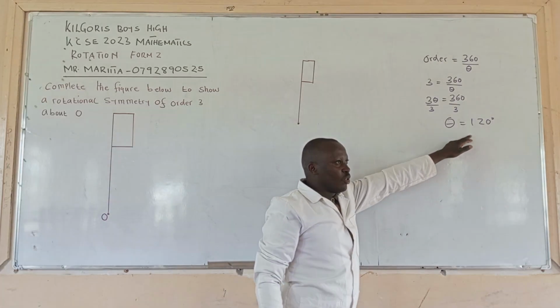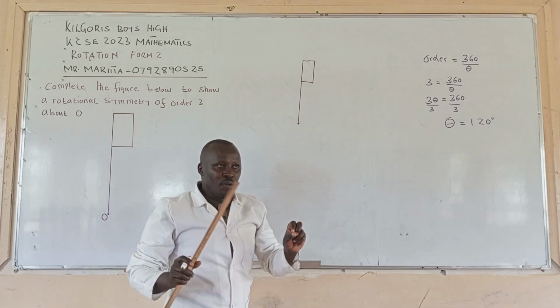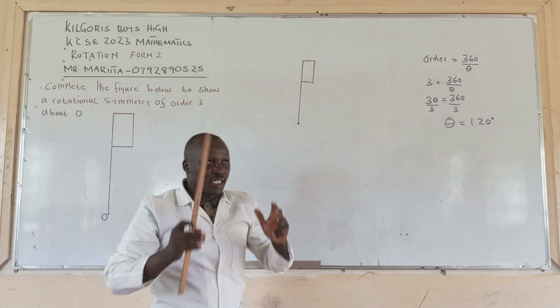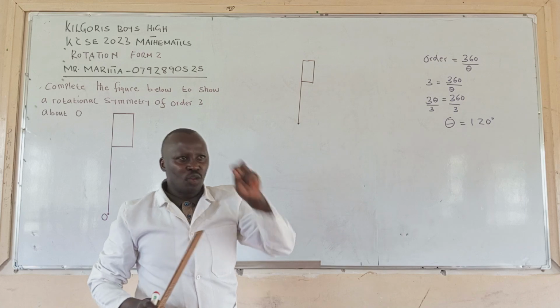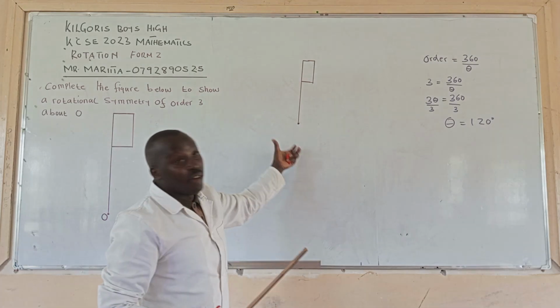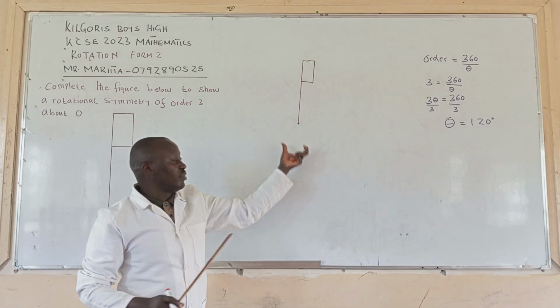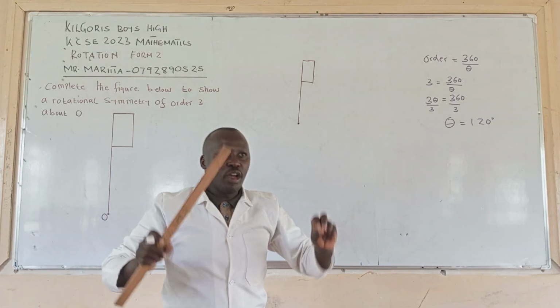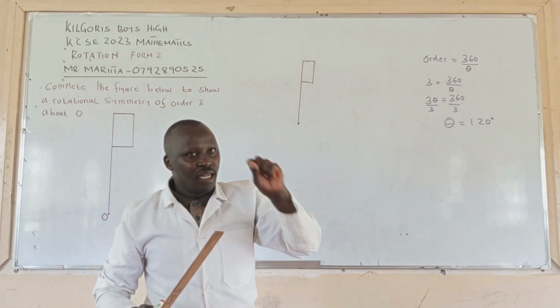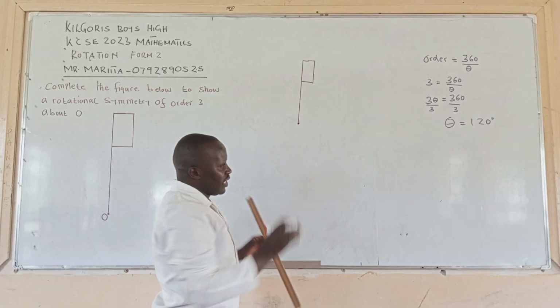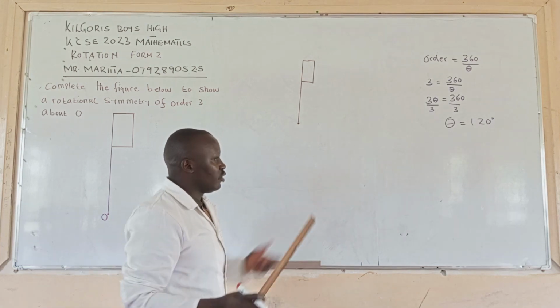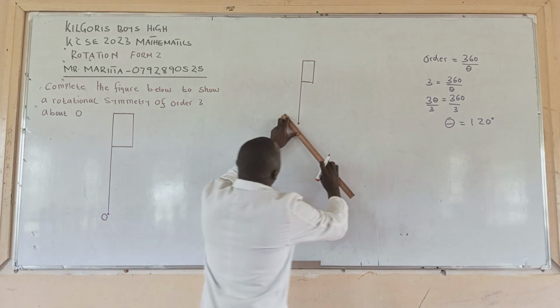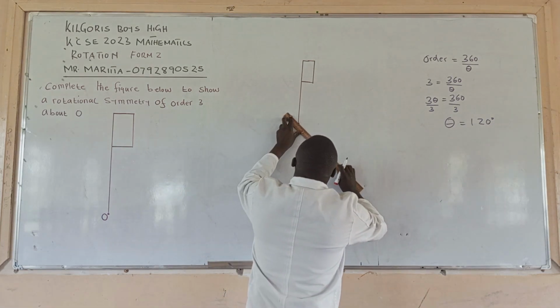You just take a protractor and measure 120 degrees. Don't just do a rough sketch as I am doing here. Take a protractor and make sure you measure 120 degrees. I am just approximating; it will be somewhere here.